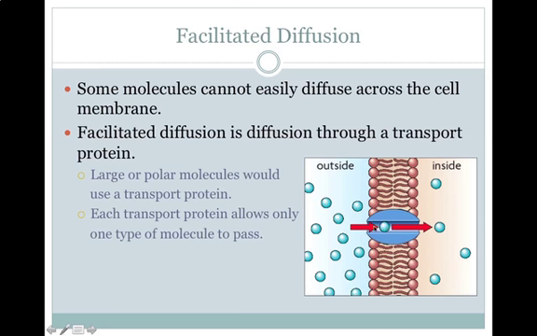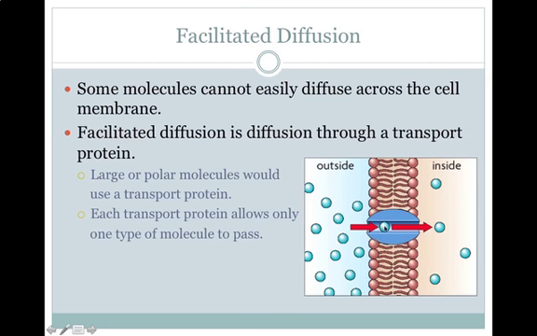It's protected from the nonpolar region, so this molecule can just pass straight on through to the inside. Now, if a molecule is really large, it needs this larger opening to get through. These proteins are very, very specific on what molecules they will allow to pass. This one only works with the little blue circles. If there were some red squares or some yellow triangle molecules here, they couldn't go through. This protein is only for this kind of molecule.